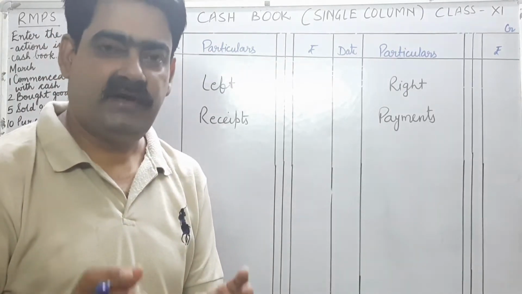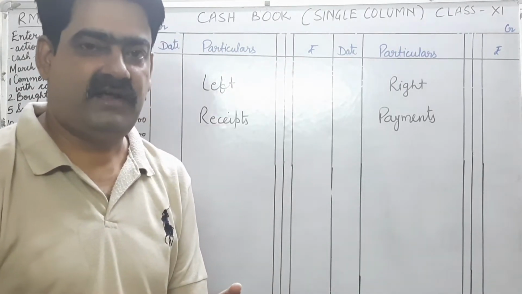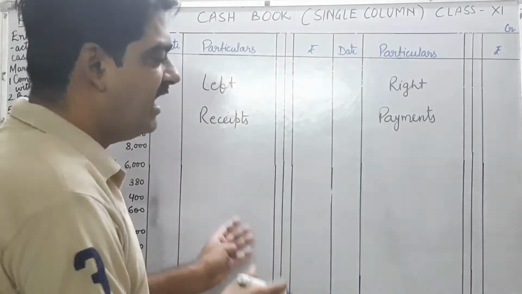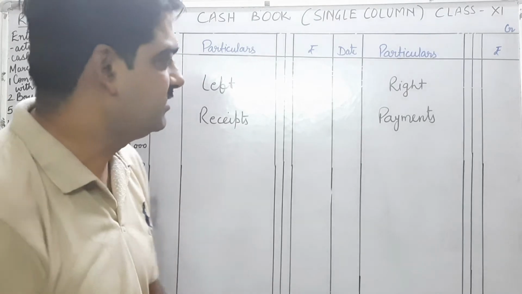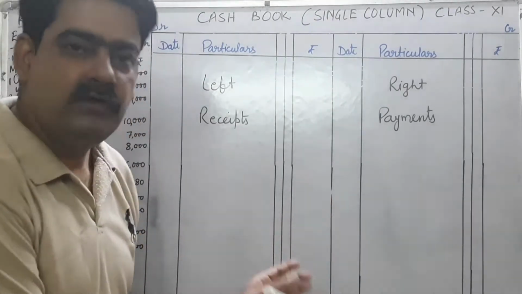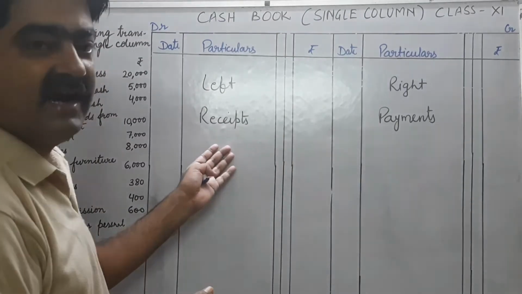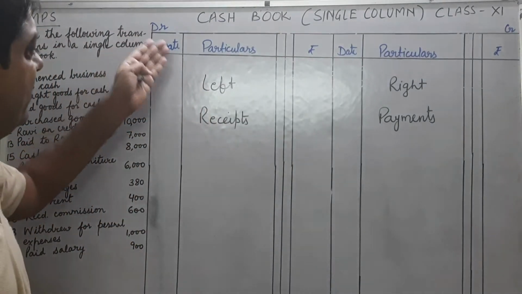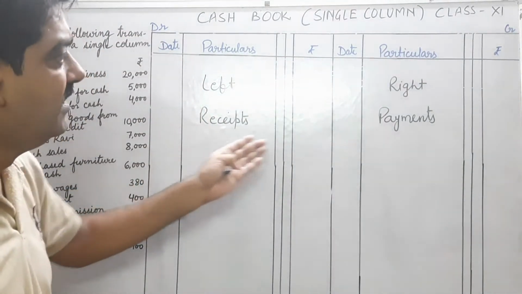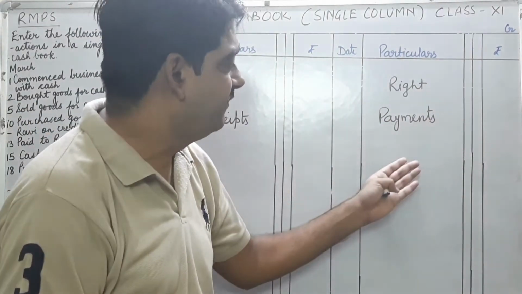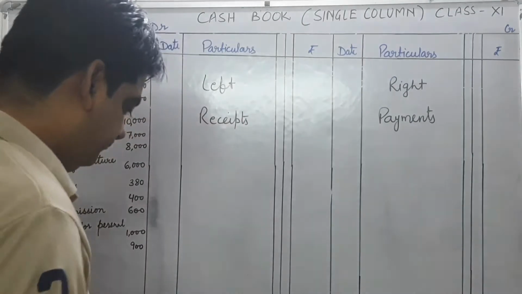As you know, in the business there will be two types of transactions, cash transactions and non-cash transactions. So in cash book we will write only cash transactions, and there will be two types of cash transactions, receipts and payments. So in left hand side, which is also known as debit side, we will write all receipts, and in right hand side, which is also known as credit side, we will write all payments.